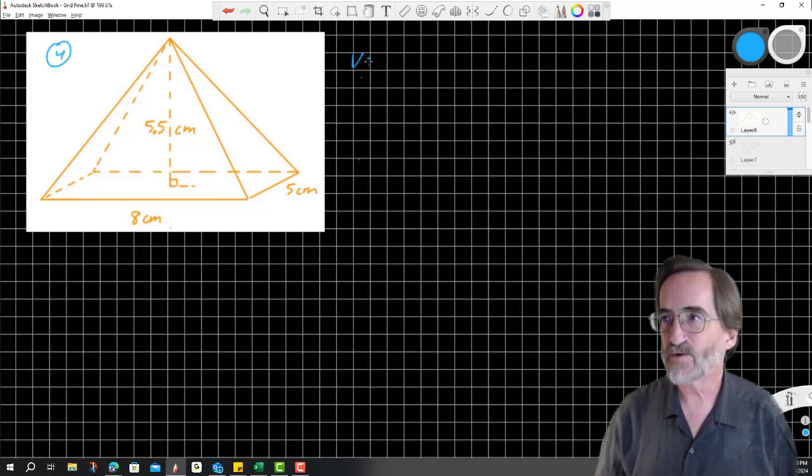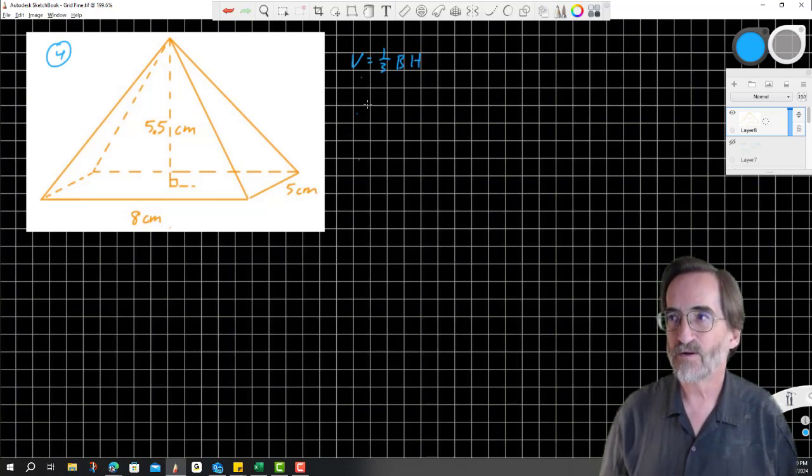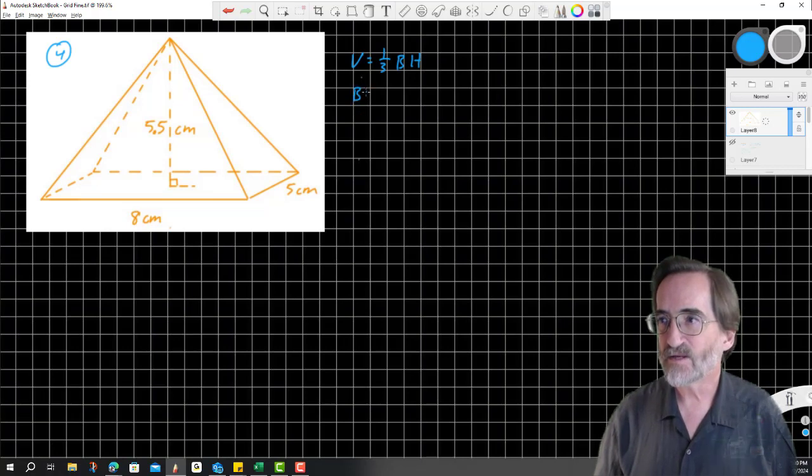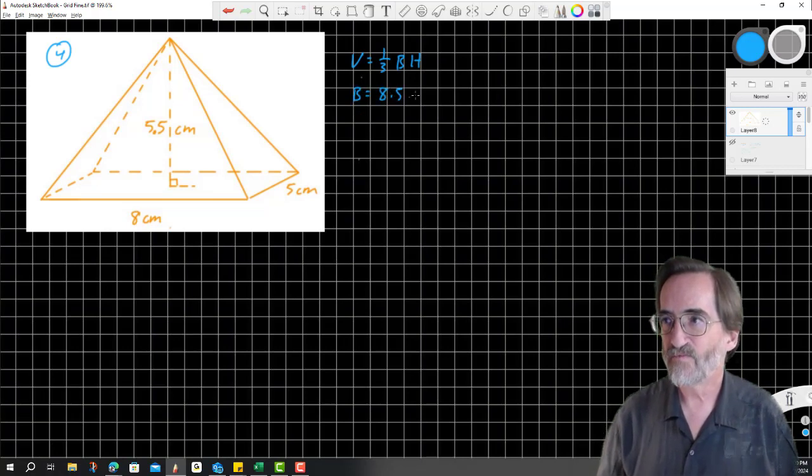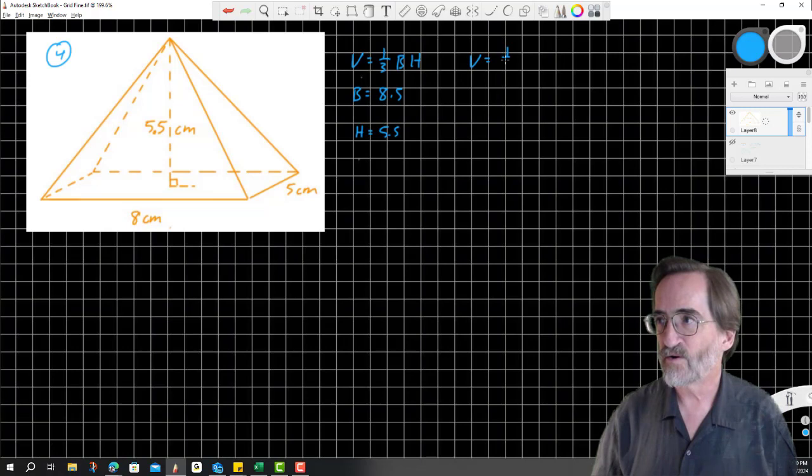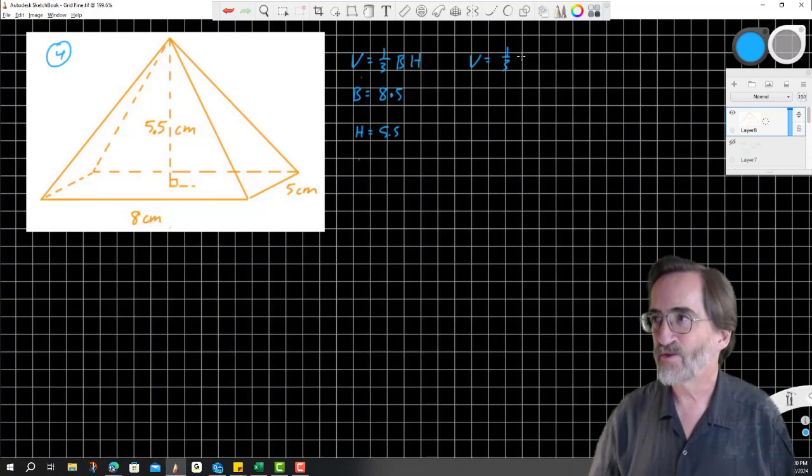Okay, the volume is fairly straightforward. It is the area of the base times the height divided by 3, or times 1/3. In this case, the area of the base is 8 times 5, and the height is 5.5. So the volume is 1/3 times the area of the base, 8 times 5, times 5.5.